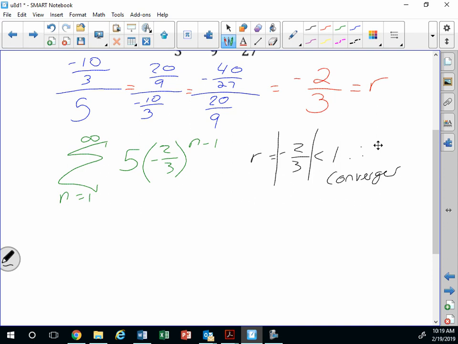Alright, so can you find me the sum? You can see the same answer that I got.